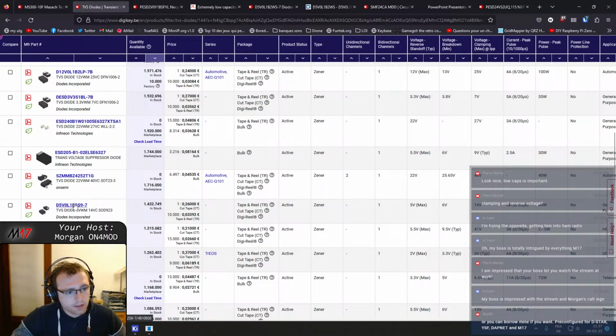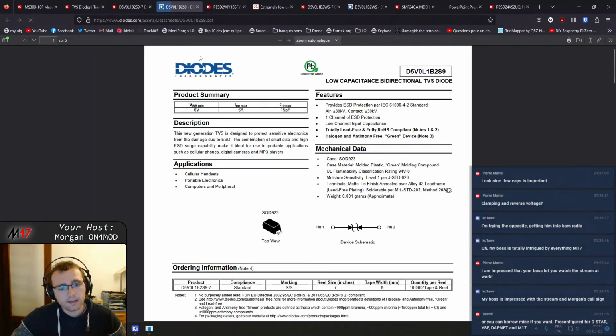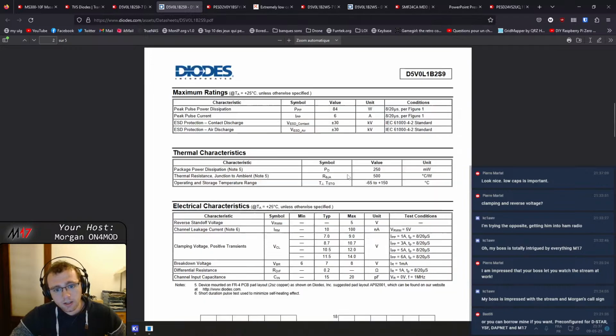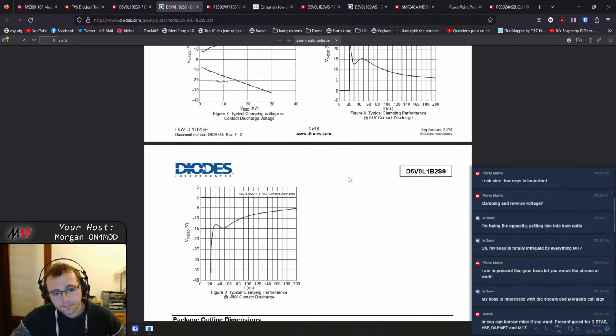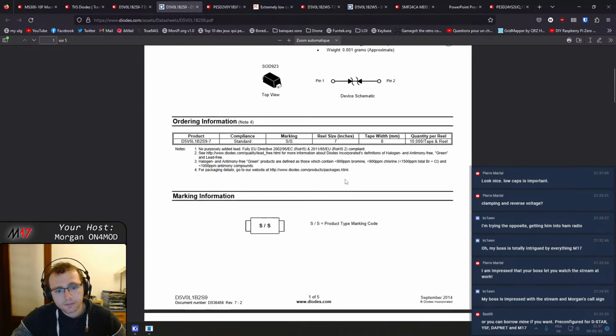Okay, let's have a look at, for example, this one, which does have a higher VC, so 14 volts, and let's see what they claim it's used for. Cellular phone, digital camera, MP3 player, blah blah blah. Okay, they don't have any diagram showing.